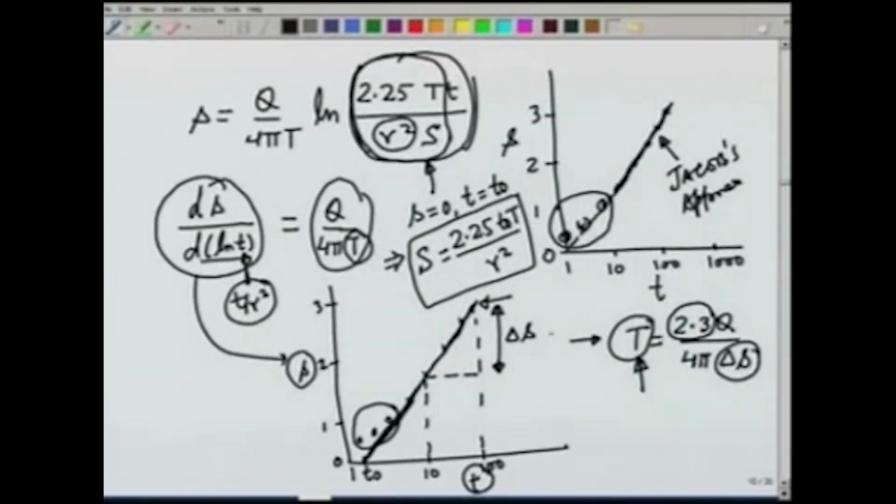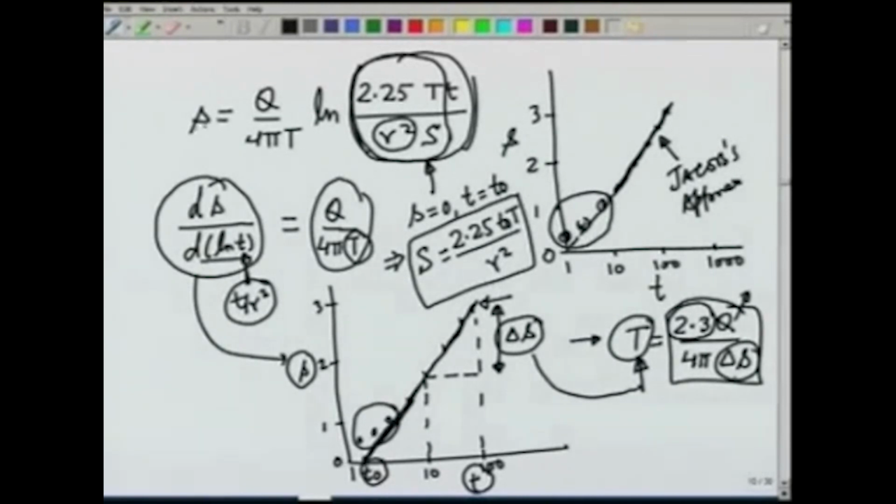Using the value of delta s, we can estimate T using the equation 2.3 Q over 4 pi delta s. Q of course is known to us, the pumping rate, constant value. Delta s we obtain from this line. Once we get the value of T, we use this intercept t naught. We say that s will be 0 at t equal to t naught from the Jacob's approximation.